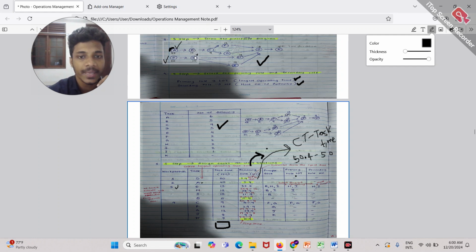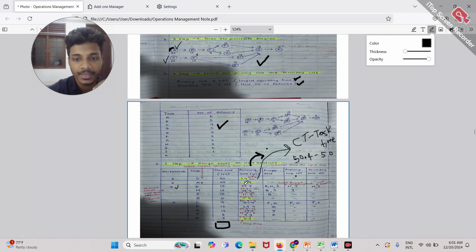Now you have B and E. What is the longest one? 15, right? Therefore, I'll put E here. A and D are already completed. We allocated that one, right? Now we have B and E tasks. E is the longest operating time, higher than B. Therefore, I'll put E here, right?